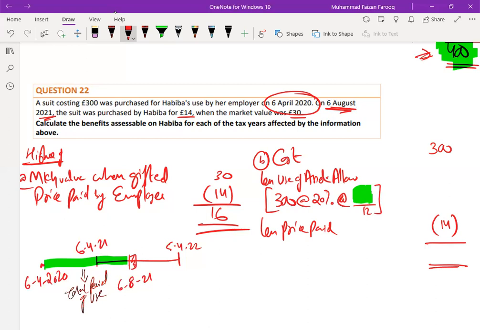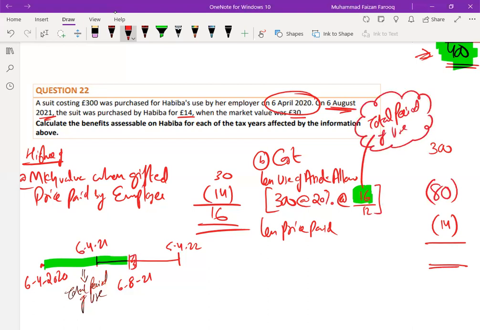So how many months is it? It's 16 months. Now please use the calculator and tell me what answer is coming. 300 into 20% into 16 by 12. It's coming 80. Check it out. 80 is coming. Here, always note down total period of use, which I just said in the earlier previous question.